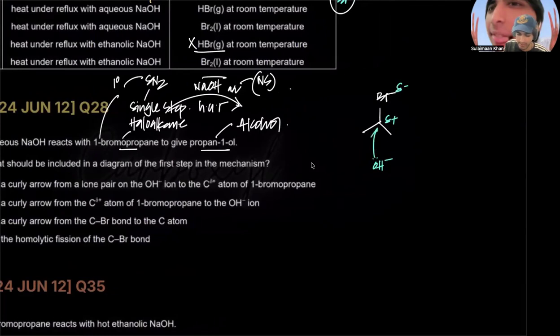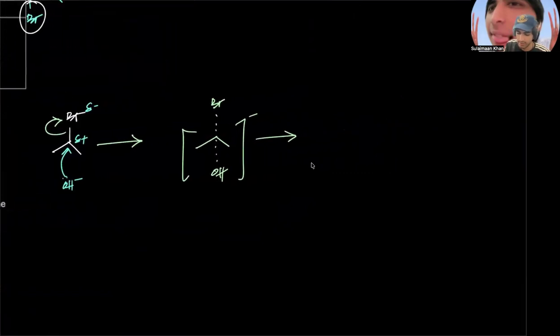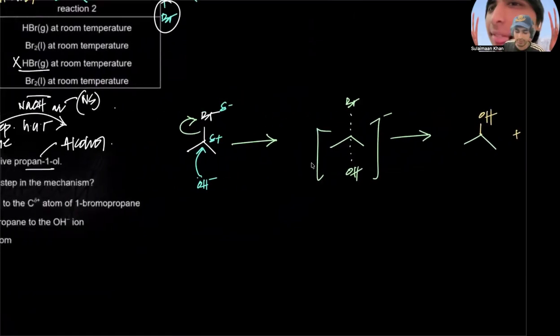The lone pair on this nucleophile attacks this partial positive carbon. Then a transition state forms, in which you have bonds like this. This is Br, this is the OH, this has the negative charge on it, and then the Br bond breaks, and you end up with the OH. That's how it happens, doesn't it?